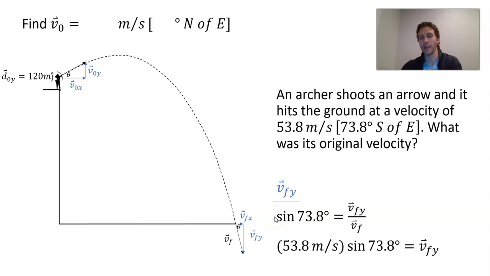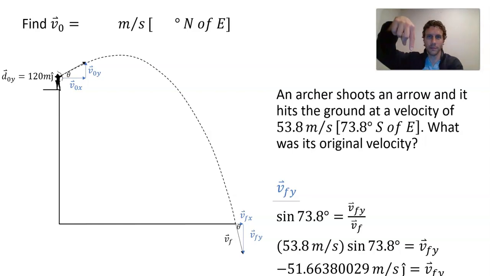So I get 53.8 times sin 73.8, and I get 51.6638. And that is j hat. But now I have to think, hang on, it is going down, so I'm going to make that negative. I can do that because negatives in physics, at least in kinematics like this, just tell us direction. So negative is down.